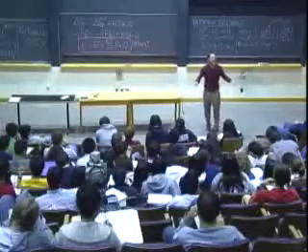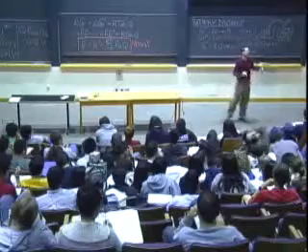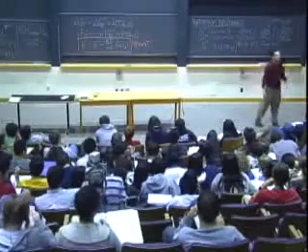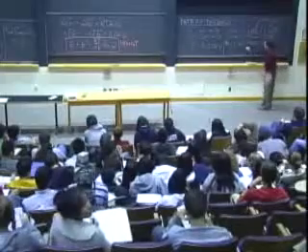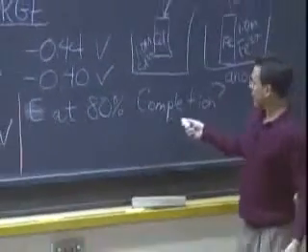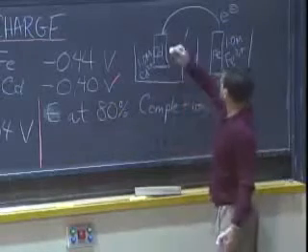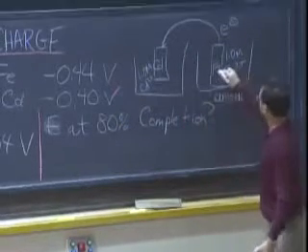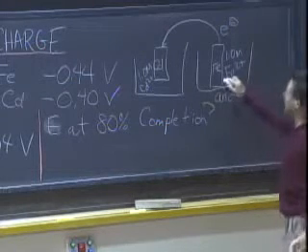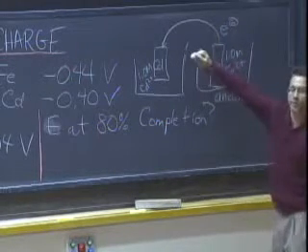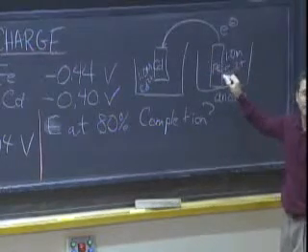You have to define standard conditions in order to have a standard potential, and the standard conditions are 1.0 molar of the ion in solution. So at 80% completion, we are producing Fe2+ ions in solution as the electrons flow through the external circuit, because the piece of iron metal is the anode.